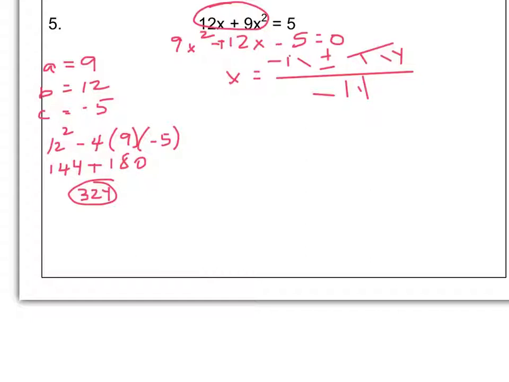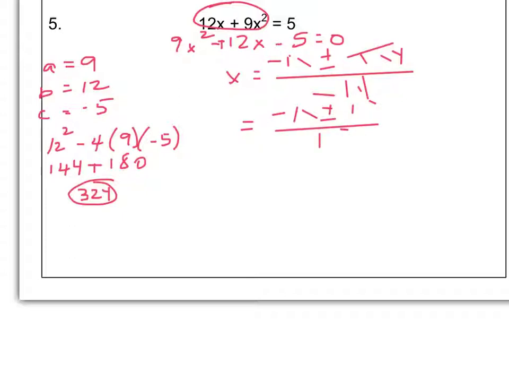Okay? If you were to take a look at your multiplication chart and see if in your diagonal there's a 324, you'll notice there is. And 324 is a perfect square. The square root of 324 is 18. All divided by 18. Okay?